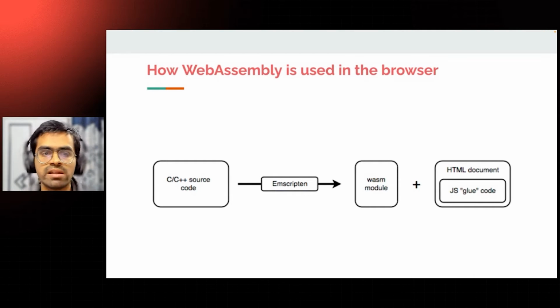That is how you can run your C++ code, or any other code that can be compiled into WASM bytecode, to make your browser applications more performant. This is also how we can run machine learning inference inside the browser using TensorFlow.js.